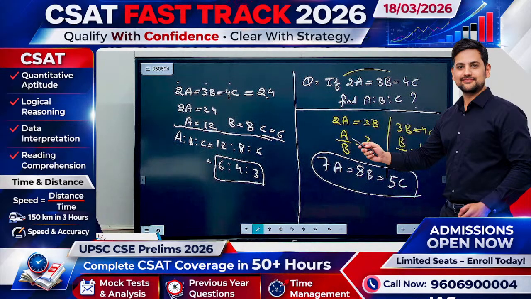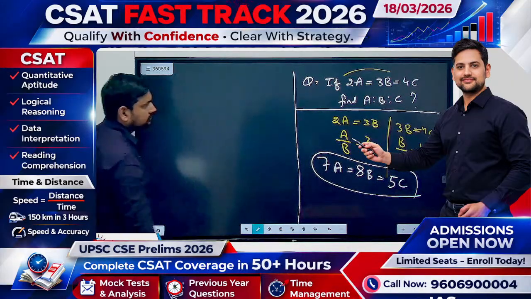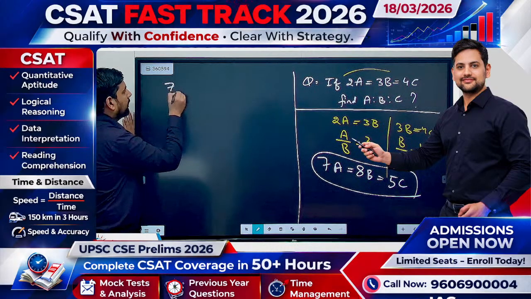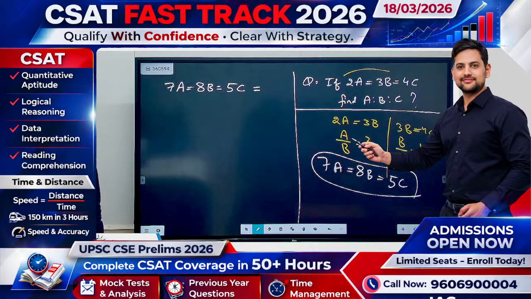For T35, yes. What should I equate to? 7A, 8B, 5C: 8 sevens are 56, 56 fives are 280.